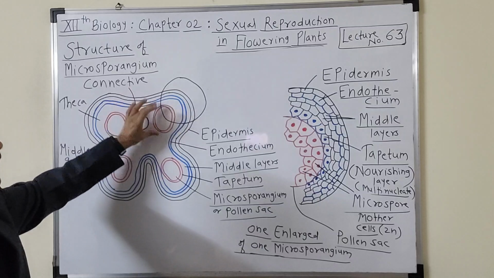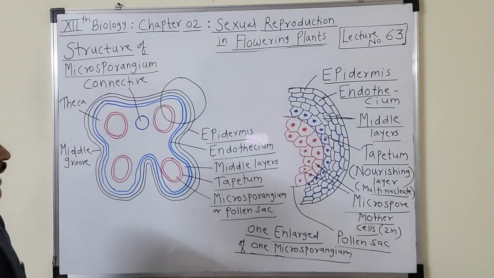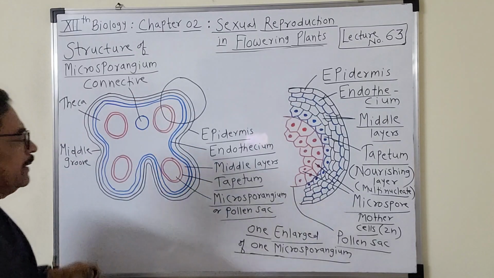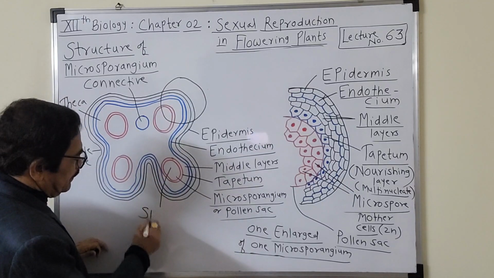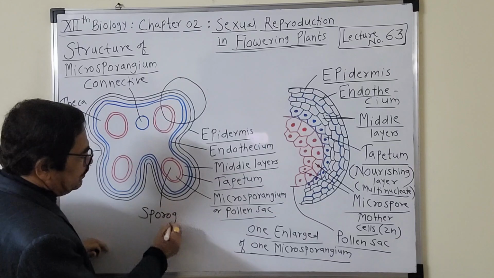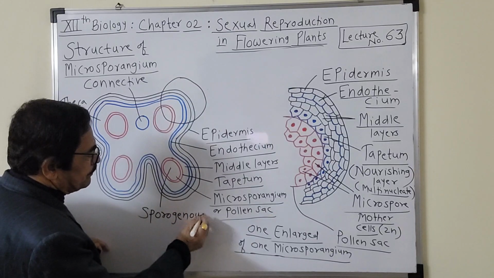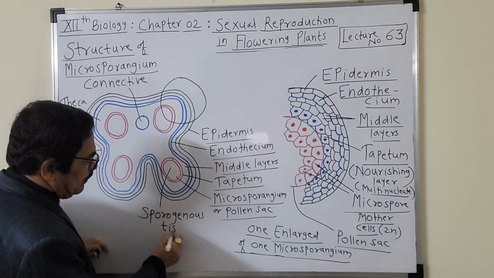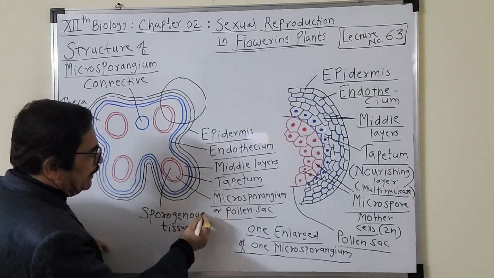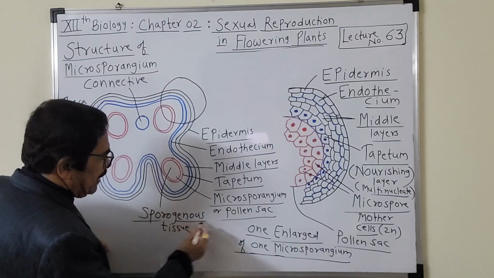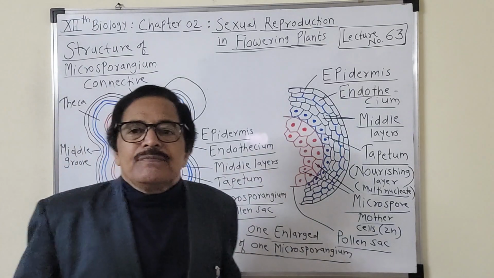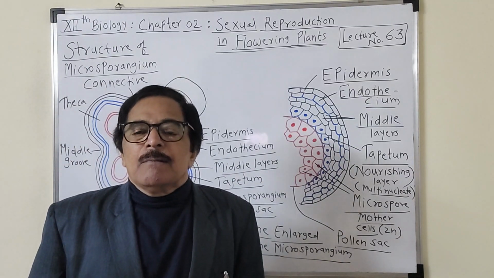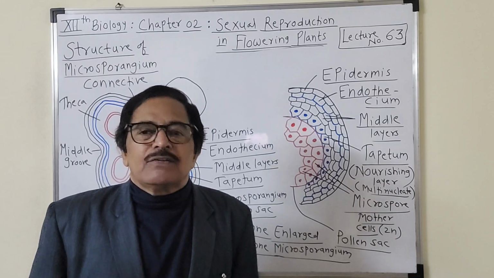Inside each microsporangium, there is a typical tissue known as sporogenous tissue. In the young stage, that sporogenous tissue has a large number of diploid cells. At maturity, those diploid cells become microspore mother cells.